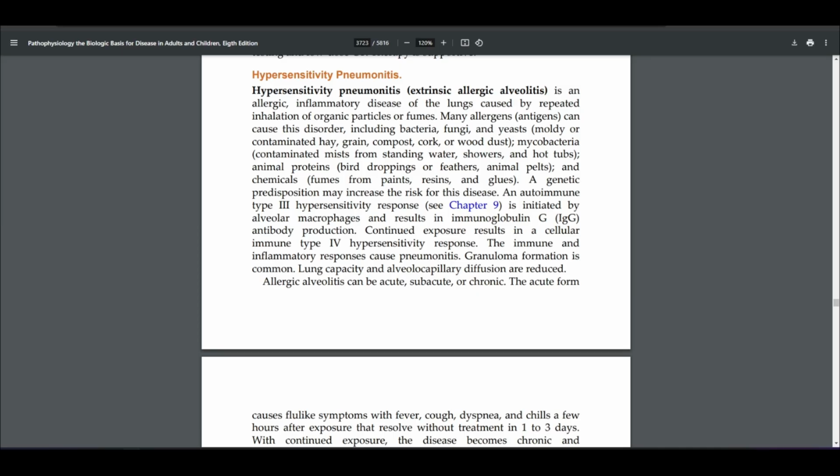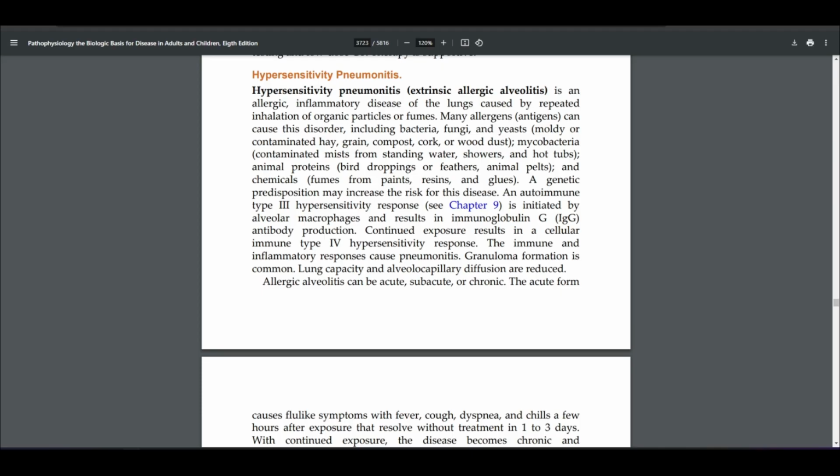Many allergens, the antigens, can cause this disorder, including bacteria, fungi, and yeast: moldy or contaminated hay, grain, compost, cork, or wood dust; mycobacteria, contaminated mists from standing waters, showers, and hot tubs; animal proteins, bird droppings or feathers, animal pelts; and chemicals, fumes from paints, resins, and glues. A genetic predisposition may increase the risk for this disease.